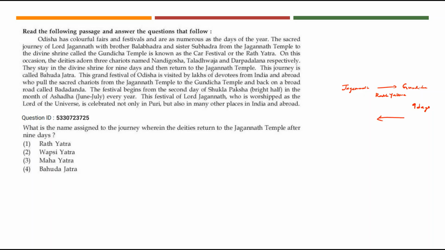This journey is called Bahuda Jatra. Option number 4, Bahuda Jatra will be the right answer. It is not Ratha Yatra, it is from Jagannath to Gundicha and this is from Gundicha to Jagannath. So Vapsi Yatra and Mahayatra are not mentioned in this paragraph. So we can rule out the first 3 options. With this we are completing paper 1 solutions.